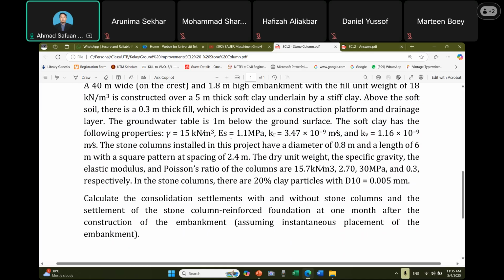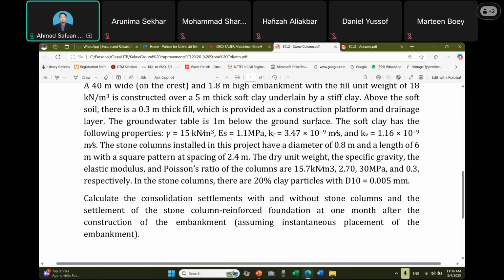The stone column installed in this project has a diameter of 0.8 meter and a length of 6 meter with a square pattern at a spacing of 2.4 meter. The dry unit weight, the specific gravity, the elastic modulus and Poisson ratio of the column are 15.7, 2.7, 30 megapascal and 0.3 respectively. In the stone column, there are 20% clay particles with D10 equal to 0.005 millimeter.